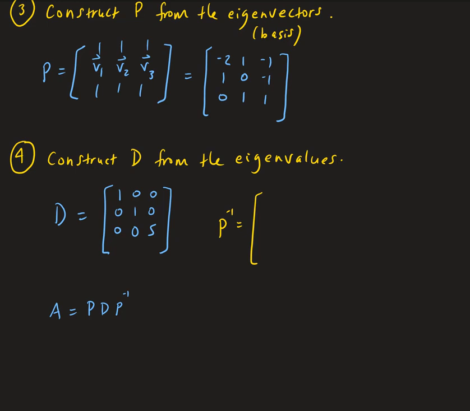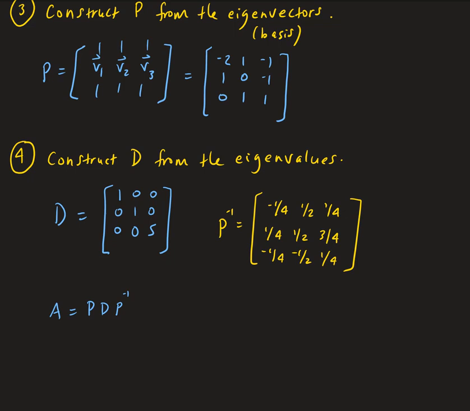So P inverse turns out to be minus 1/4, 1/2, 1/4, 1/4, 1/2, 3/4, minus 1/4, minus 1/2, and then 1/4. So that's our solution.